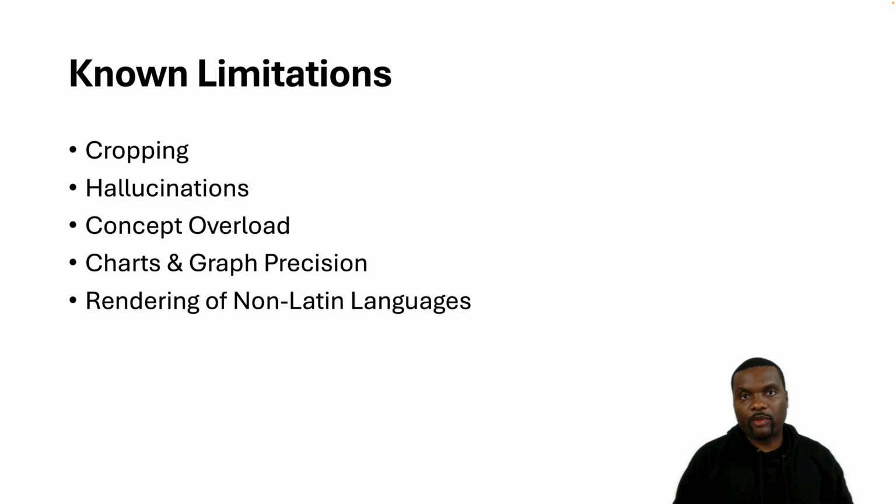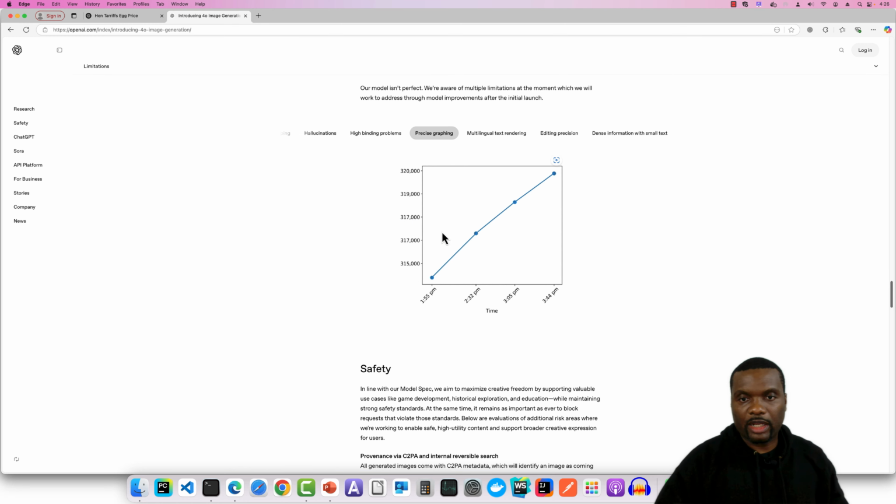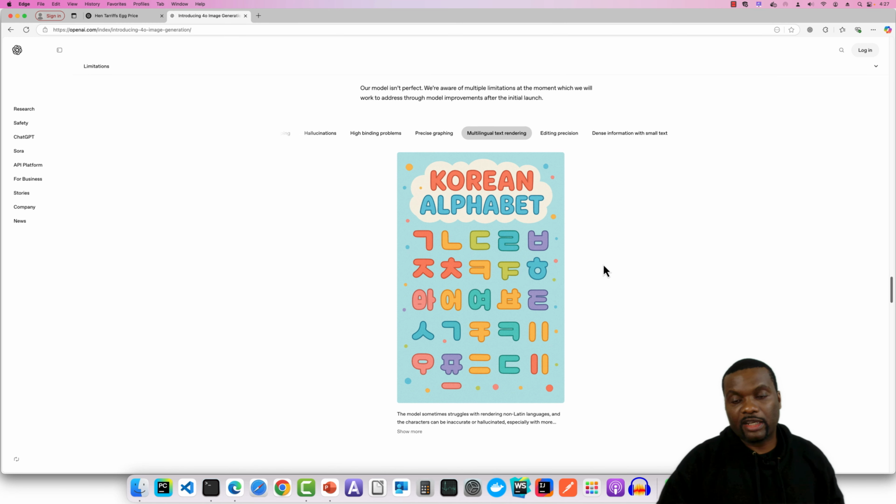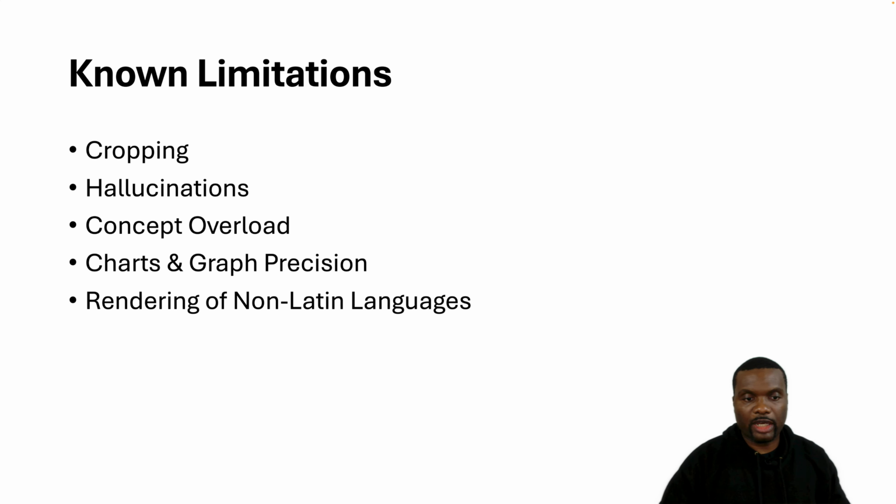When you're dealing with languages that are not in Latin characters, sometimes it causes problems. So they've covered that here. That's a known issue. If you want to use this to create images with text that are in non-standard or non-Latin characters or alphabets, make sure that you pay attention to that.